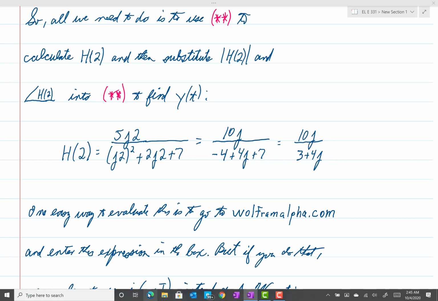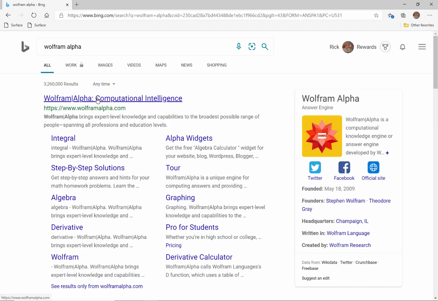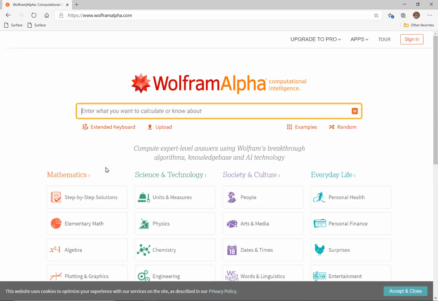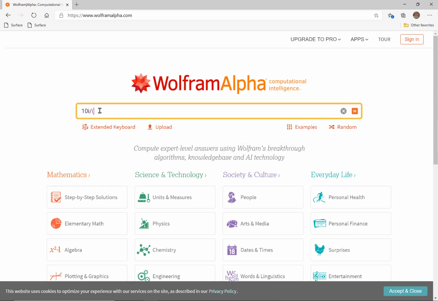Okay, so we'll go to the internet, and as I said, we want wolframalpha.com, and we'll just say 10I divided by parentheses 3 plus 4I, and then hit return.